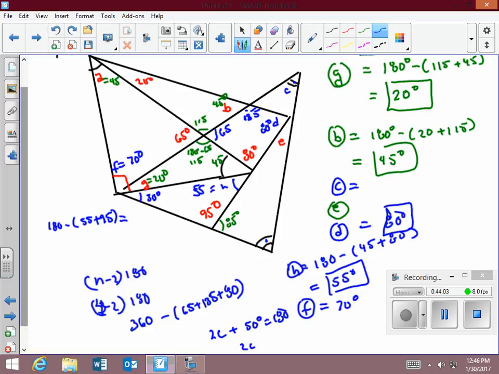So 2C equals 130. And C has to equal what? 65? So then C is 65. So now this is 65, right?